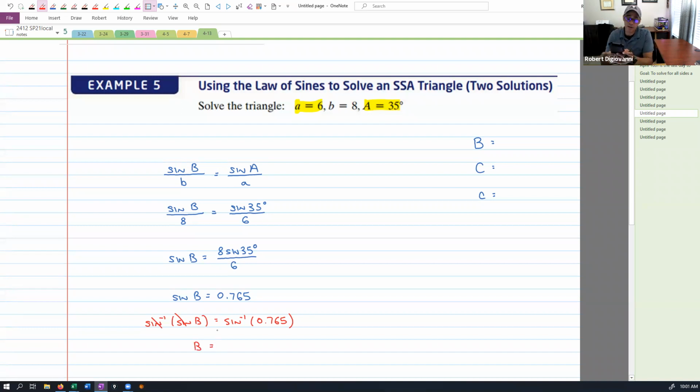And now on my calculator, I'm going to do inverse sine of 0.765 and I'm getting about 49.9 degrees. Is that all right?